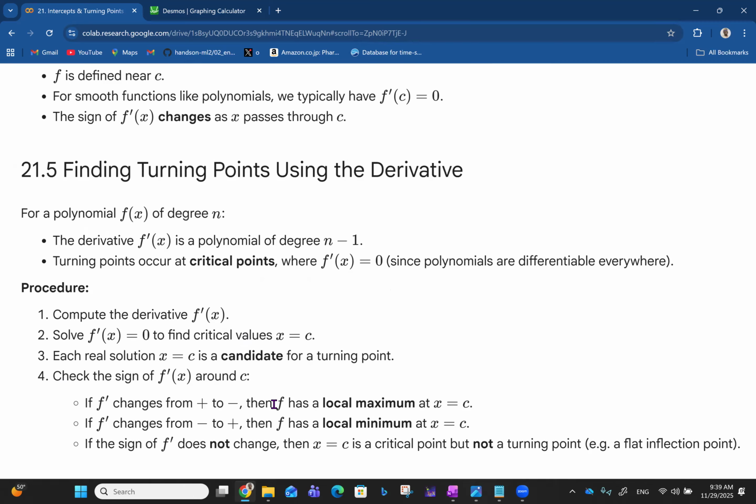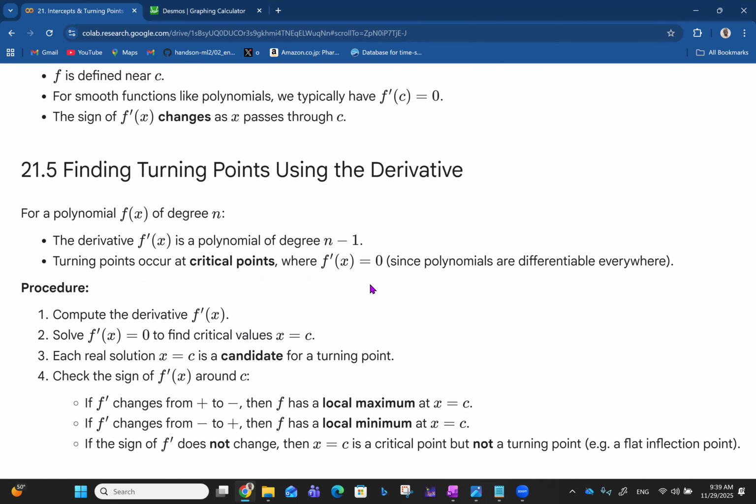We have f of 0 equals 0, which gives us y-intercepts. We have f of x equals 0, which gives us the x-intercepts. But then we now have f prime of x equals 0, which gives us the critical points, which you can call turning points. Polynomials are differentiable everywhere.